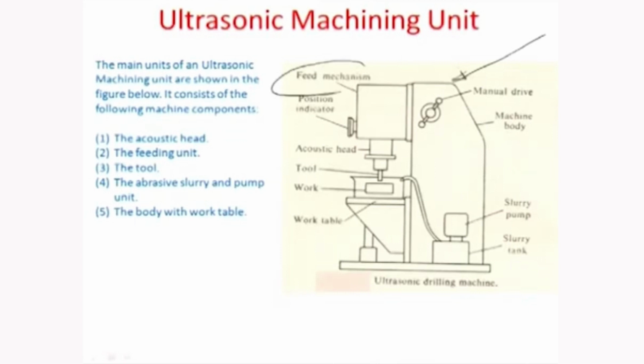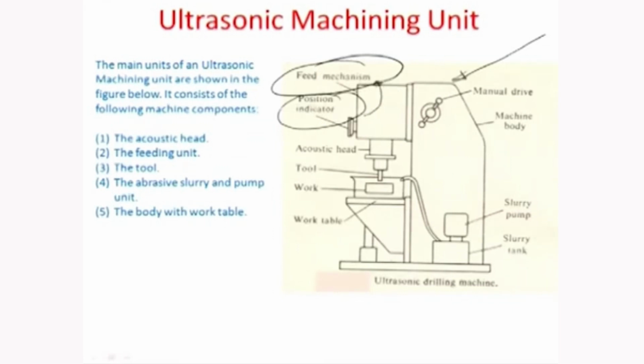There is a feed mechanism which ensures that the tool is fed at the ultrasonic frequency of very high, about 20 to 25 kilohertz. There is a position indicator for closed loop control where it gives you an indication of where exactly the tool is as a function of time, and it tells the feed mechanism whether it has to be moving towards the workpiece or away from the workpiece.